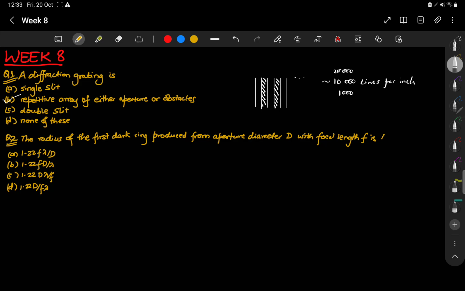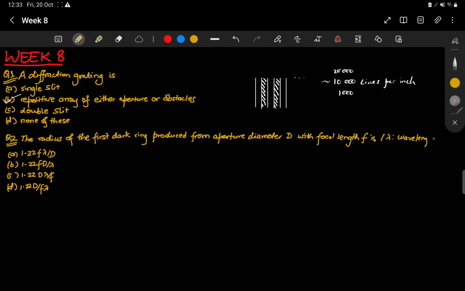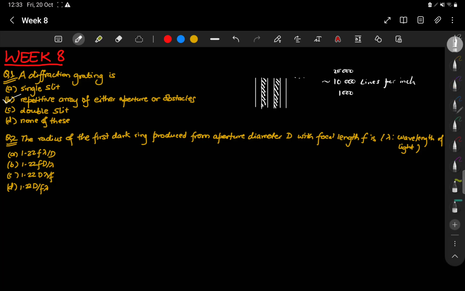And lambda is the wavelength of light. So we need to select the correct option. Take about a minute or two to answer this question, and then we will discuss. Okay, let me restart the poll.